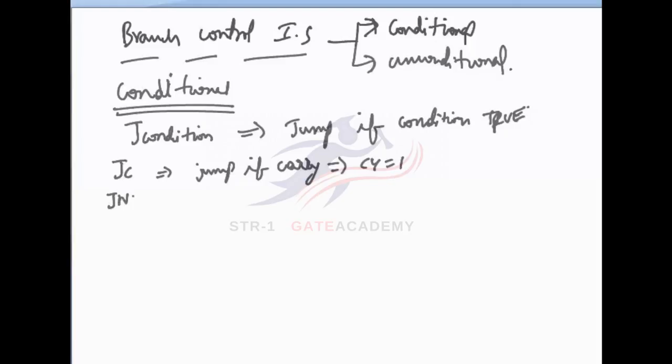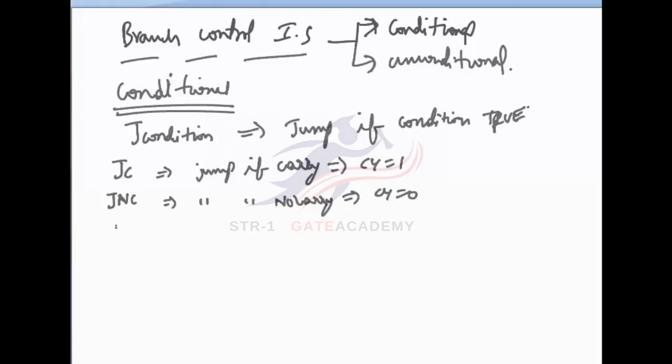Similarly, JNC, jump if no carry. This explains the carry flag is 0, and then the condition is true. Here carry flag is 1, condition is true in JC, and carry flag is 0, condition is true in JNC.